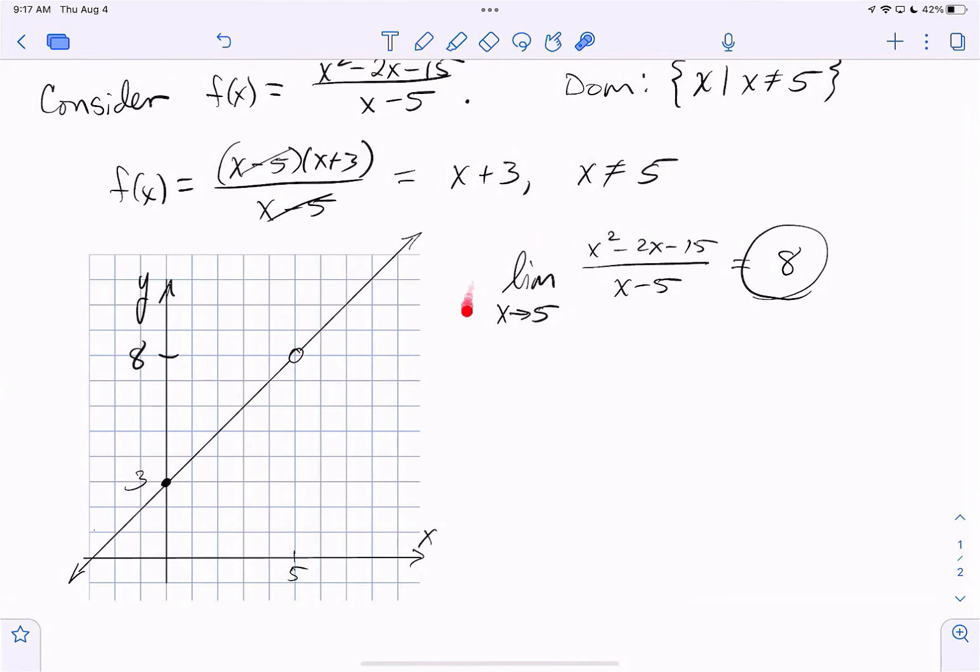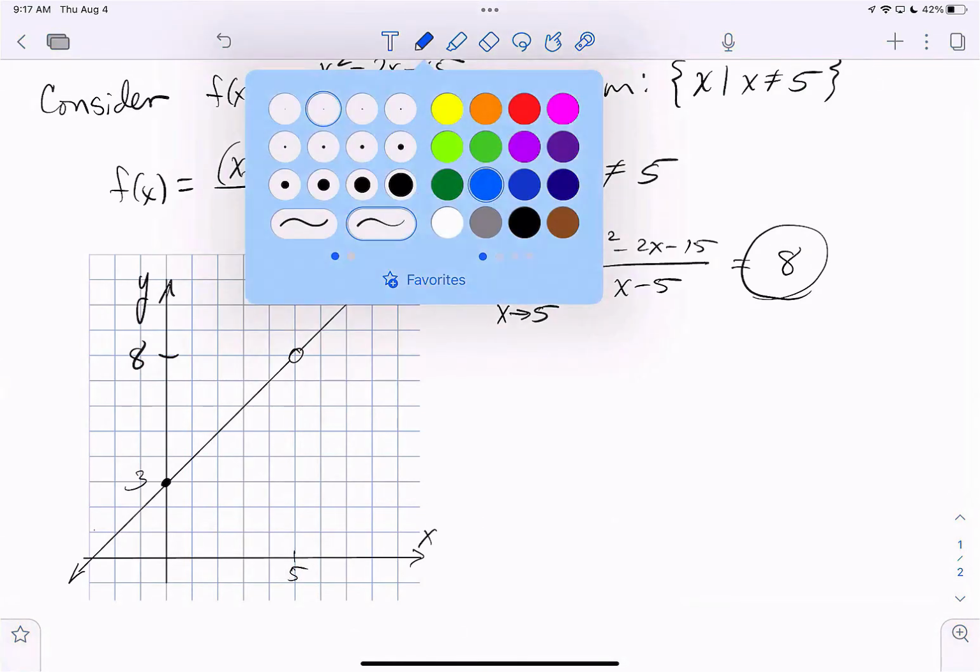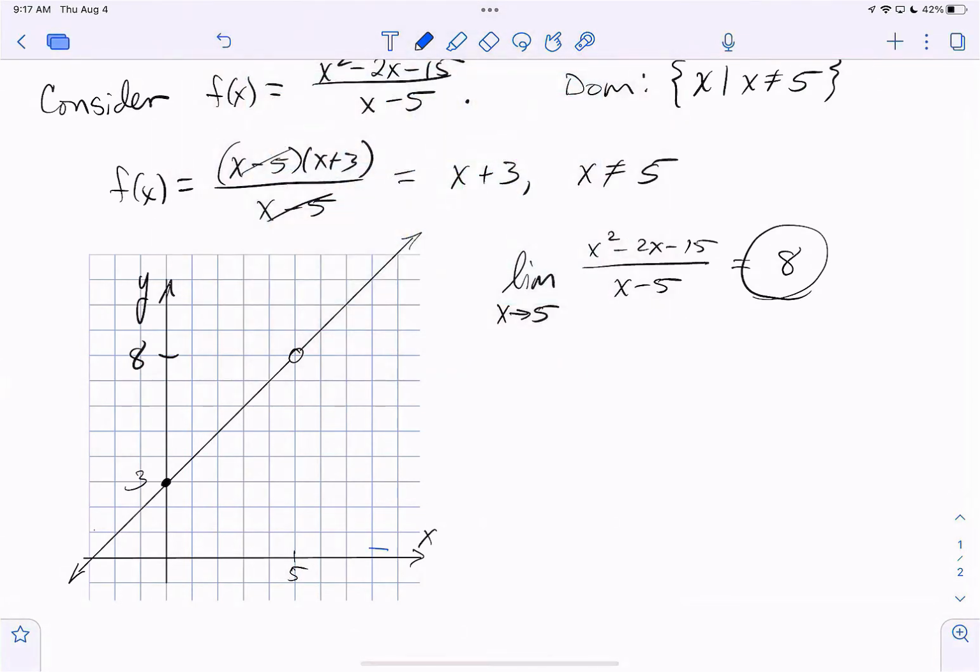A limit itself implies a two-sided situation. That is to say, when I approach 5 along the x-axis, I can approach it from the right, or I can approach it from the left. So I can approach 5 from numbers larger than it, to the right, or I can approach 5 from numbers smaller than it, and that would be from the left.